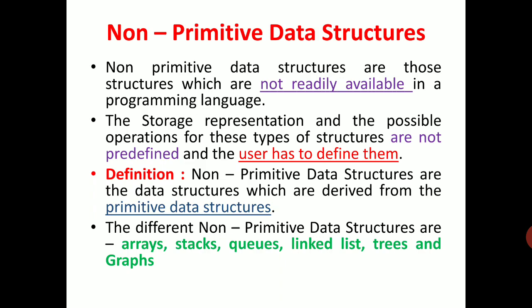But see the examples clearly and identify that arrays, stacks, queues, linked list, trees and graphs are non-primitive data structures. Then what are the primitive data structures? Integer, float, character, double. Arrays, stacks, queues, linked list, trees and graphs are non-primitive data structures.